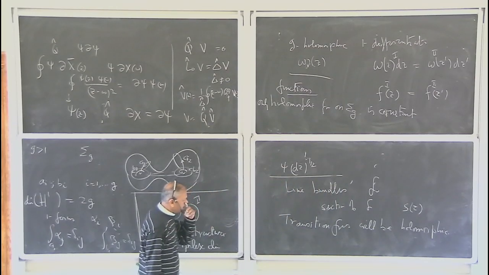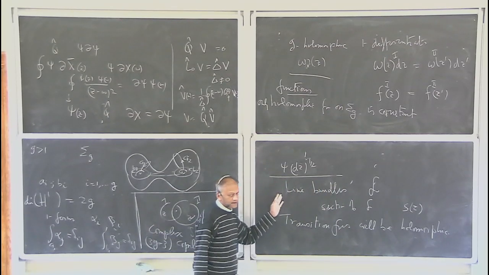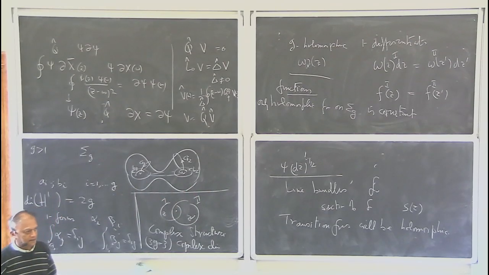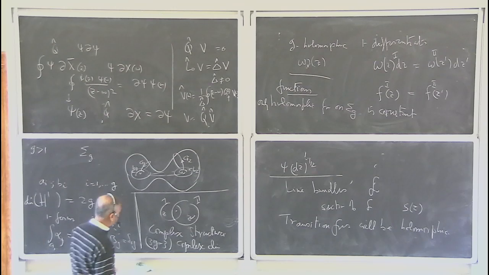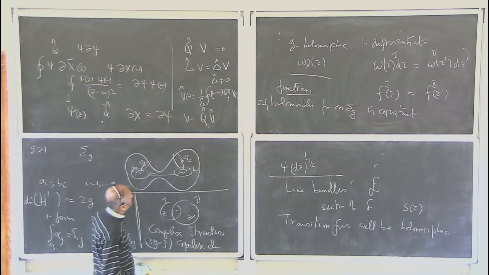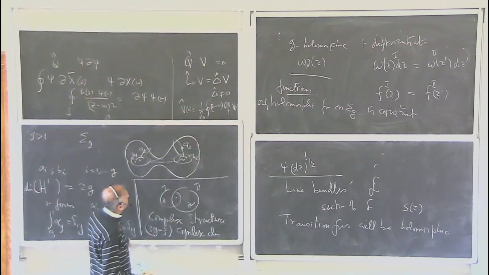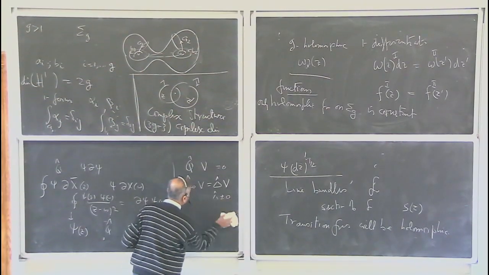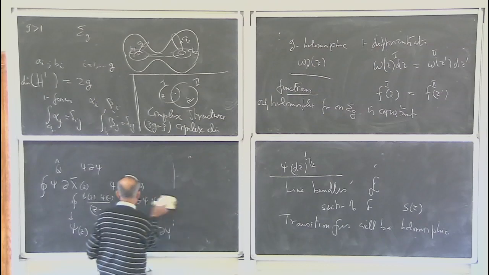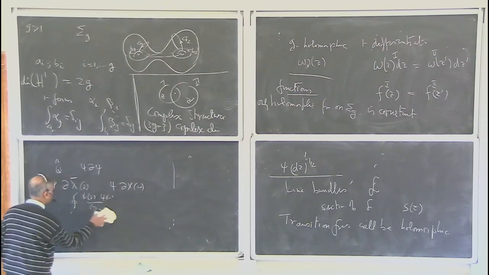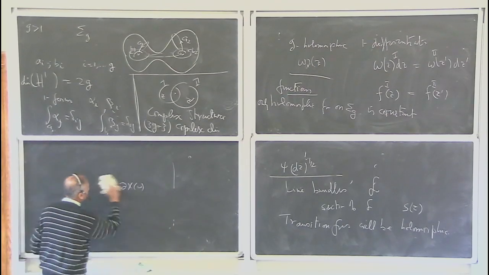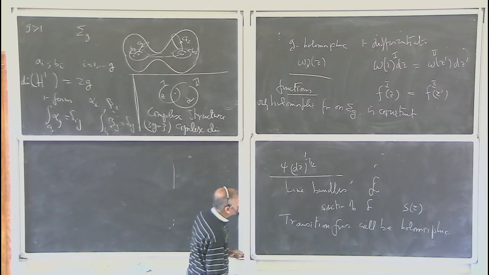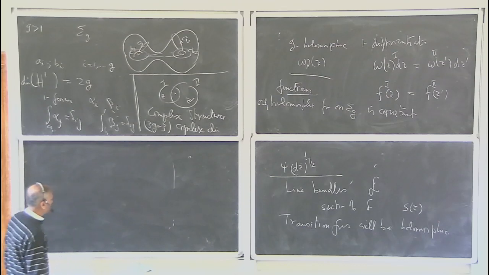Now, one question one can ask is, can we classify all these different line bundles? It turns out that on the Riemann surface, one can do it pretty easily. The way one can do it is the following.